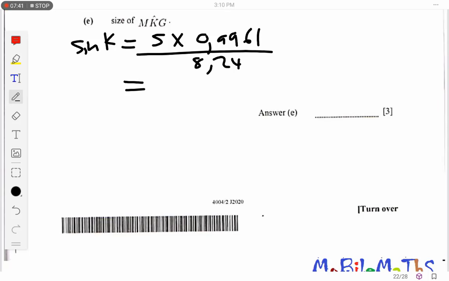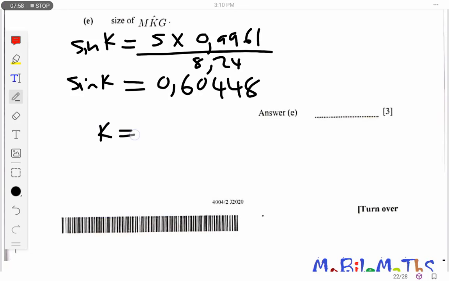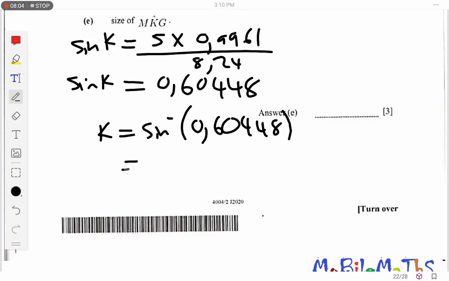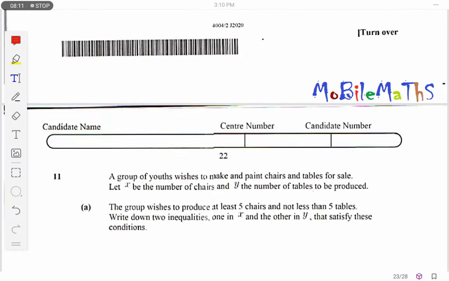If you calculate, you get sine K is equal to 0.60448. But this is not K, this is sine theta. So you want to find the angle K. K is going to be arc sine of 0.60448. When you do that, you get your K as 37.2 degrees. Okay, we are done.